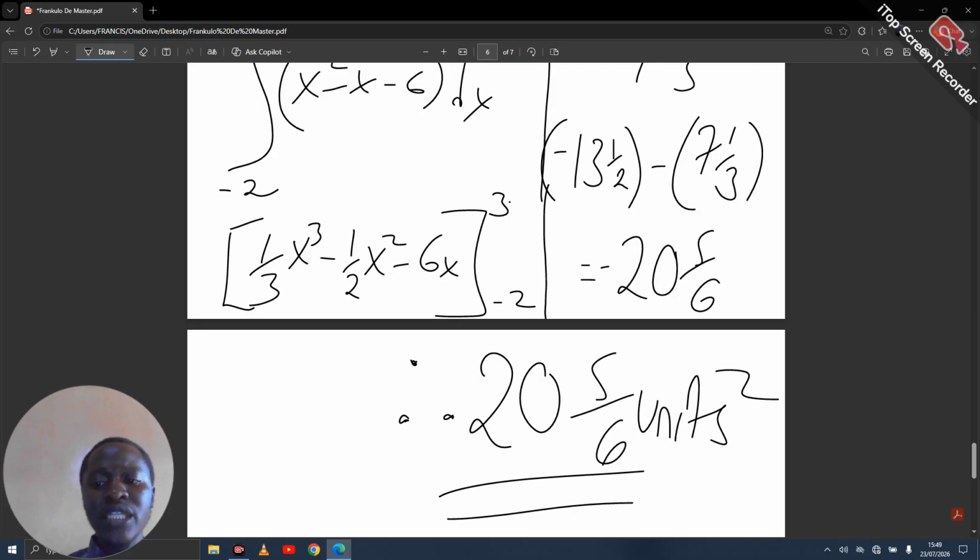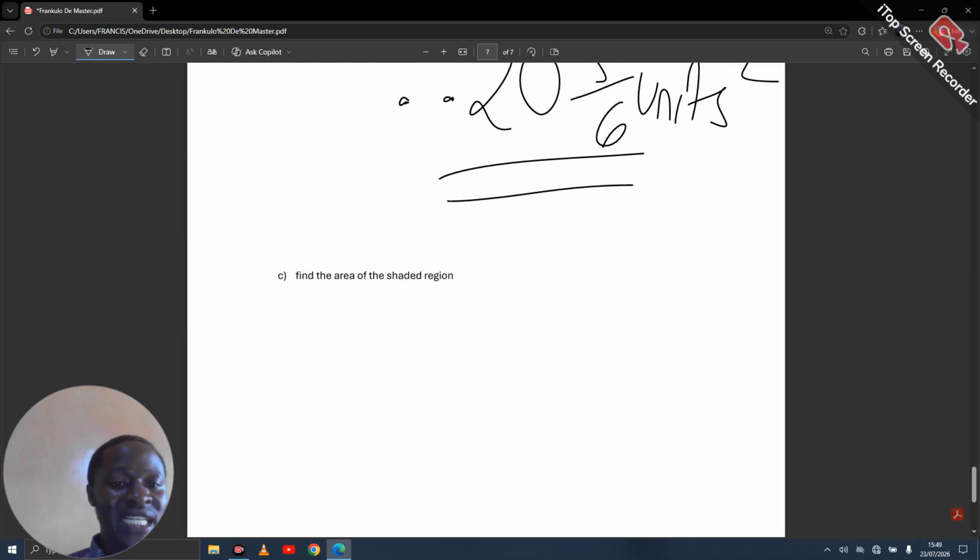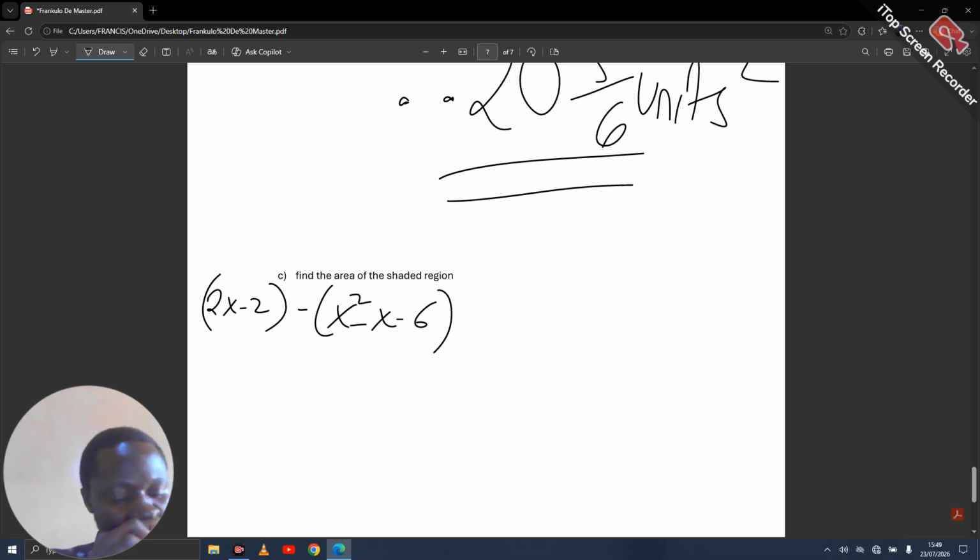To get the difference, obviously, you must start by getting the difference. That one is 2x minus 2. Subtract x squared, that is the equation of the curve, minus x minus 6. So doing this, we'll have 2x minus 2 minus x squared plus x plus 6.